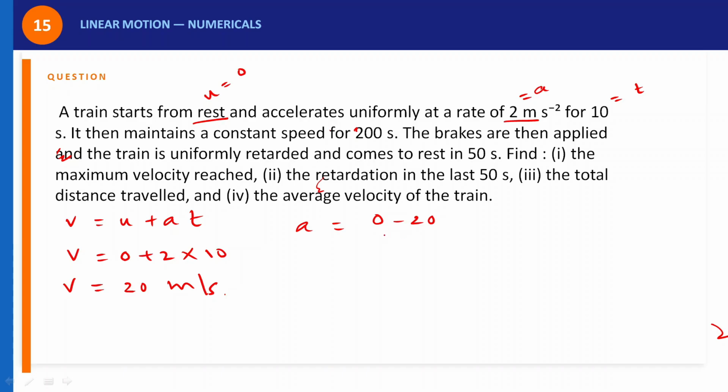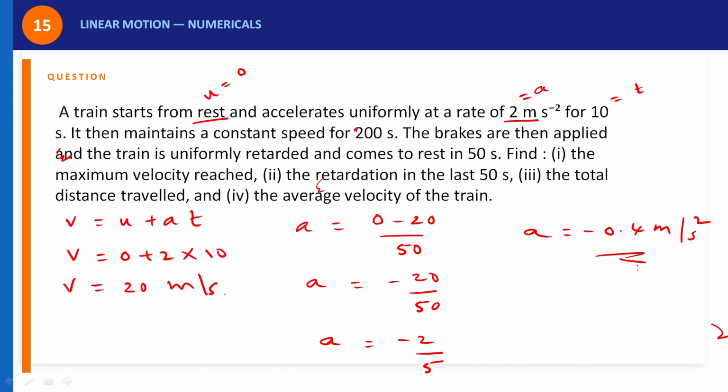What is the time? 50 seconds. Then a equal to minus 20 by 50, a equal to minus 2 by 5, which is nothing but minus 0.4 meter per second square.